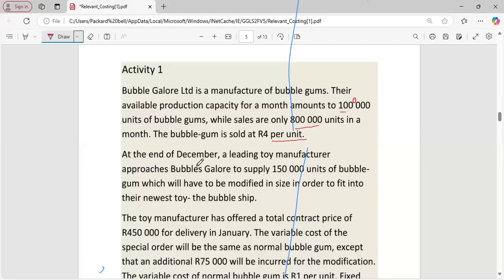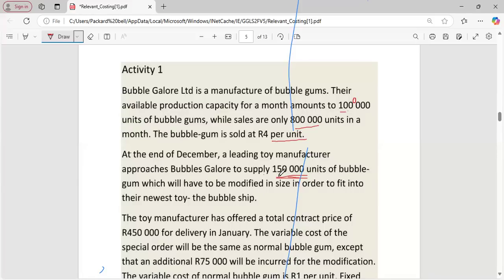At the end of December, a leading toy manufacturer approaches Bubble Gallo to supply 150 units of bubble gum, which will have to be modified in size in order to fit into their product. So this is a special order. They were approached to supply 150 units of bubble gum, which will have to be modified.